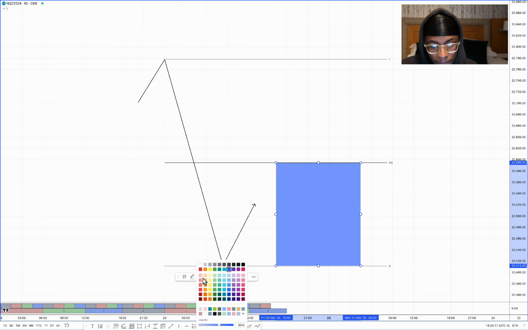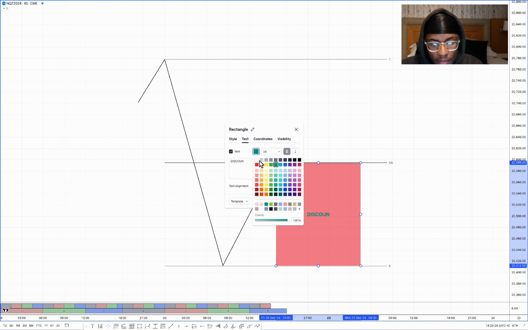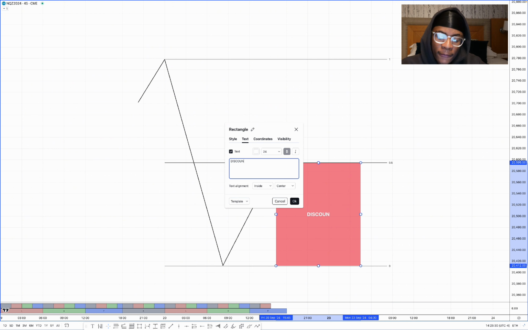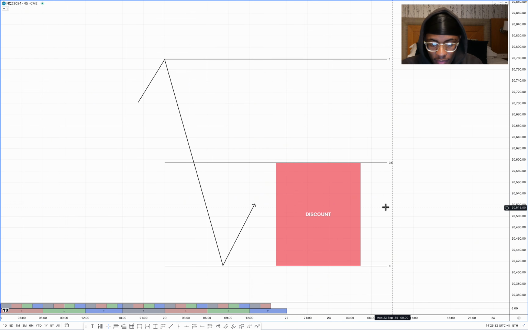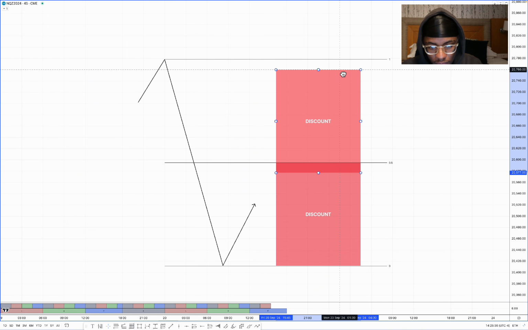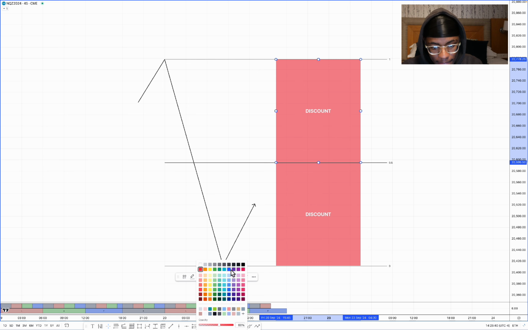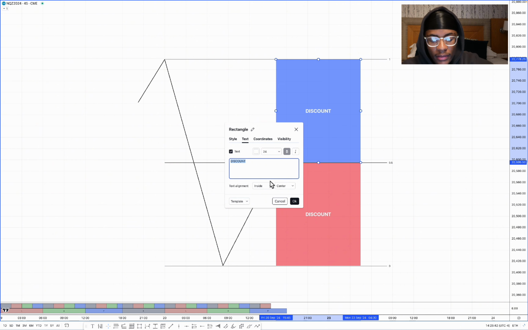This would be marked as red, and then say discount. Discount, and then anything above it would be regarded as premium.